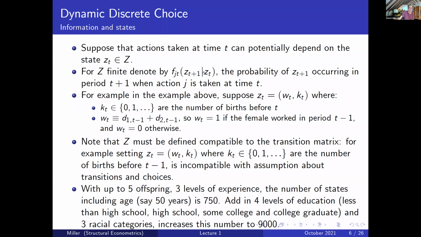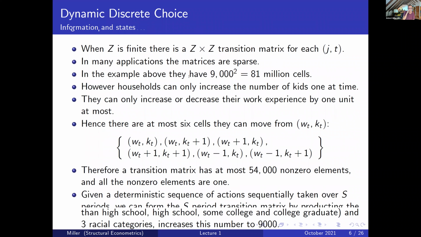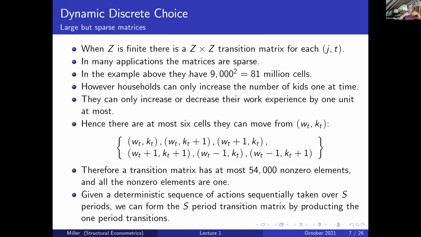Well, then I just product these matrices together with the K and a T plus 1 version of this for the second matrix, product those 2 matrices, and then I've got the distribution of what will happen 2 periods out, conditional on the choices that I make both in period T and in period T plus 1. Okay, it's a Markov transition matrix. It's a way of thinking about forecasting what's going to happen to the person over their life cycle, conditional on the choices that they make. All right.